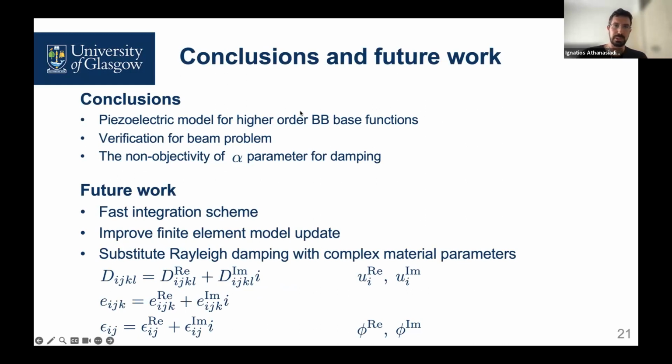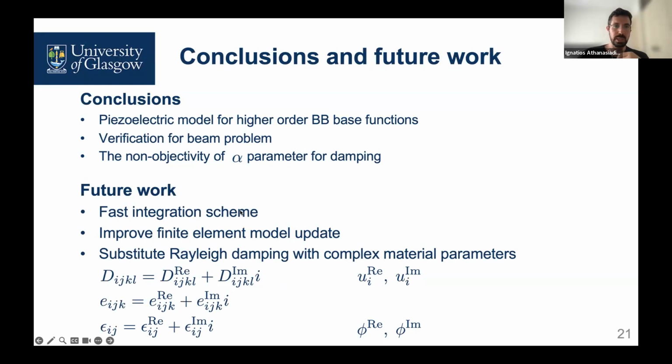We ended up using the Bernstein-Bezier base due to the qualities that they bring. We understood, as I said earlier, that the damping parameter alpha is a non-objective parameter because it's more a structural rather than a material parameter.